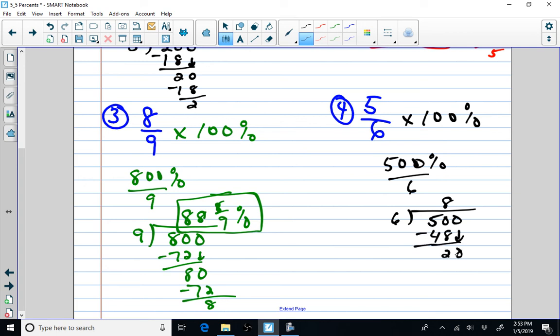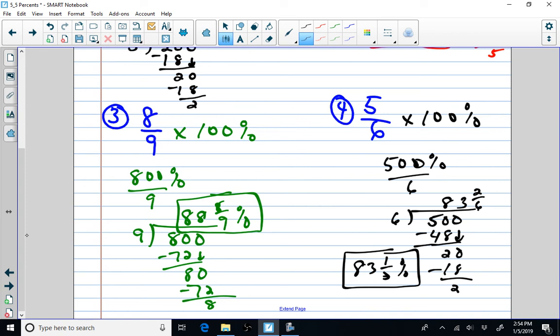Bring down the 0. 6 goes into 20 3 times. 3 times 6 is 18. Subtract, we get 2. My remainder of 2, I put over my divisor of 6. But we could simplify that fraction of 2/6 to 1/3. So we wound up with 83 and 1/3% is equivalent to the fraction 5/6.